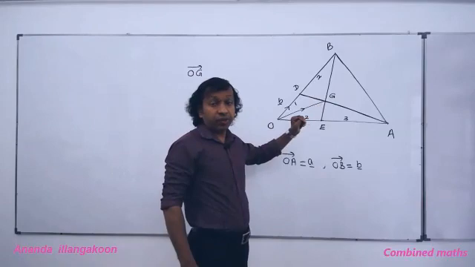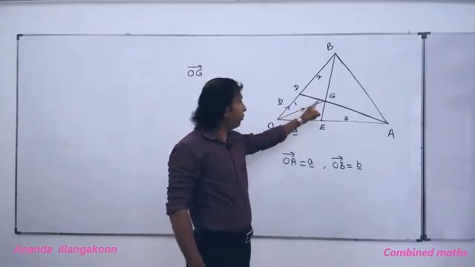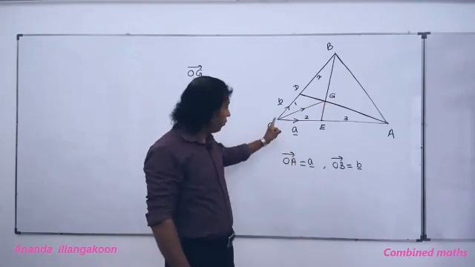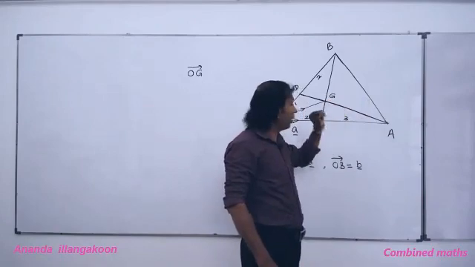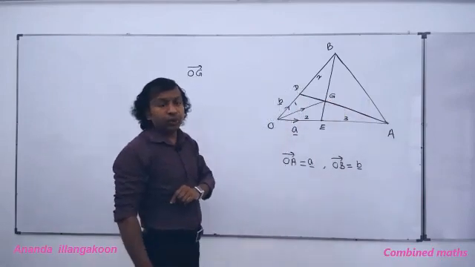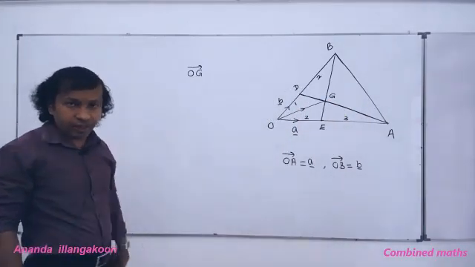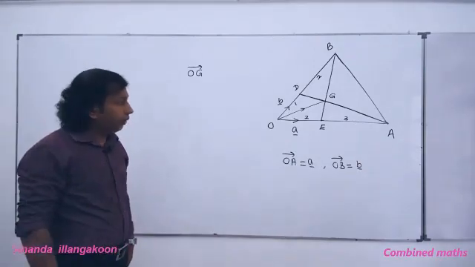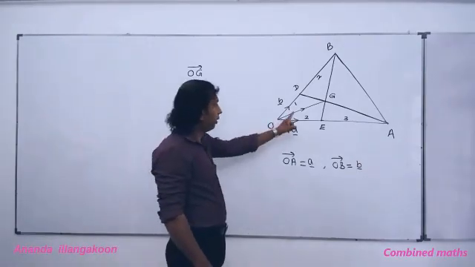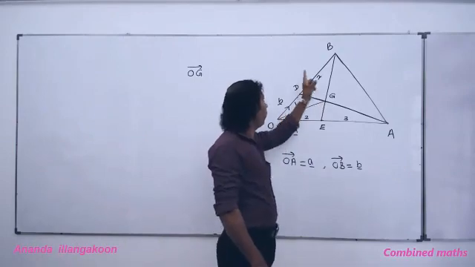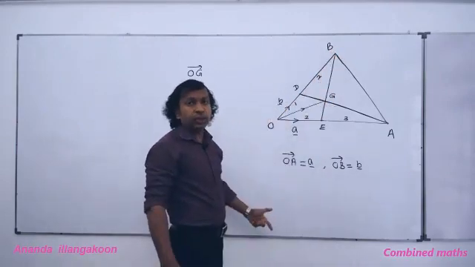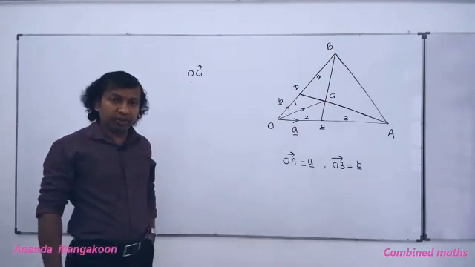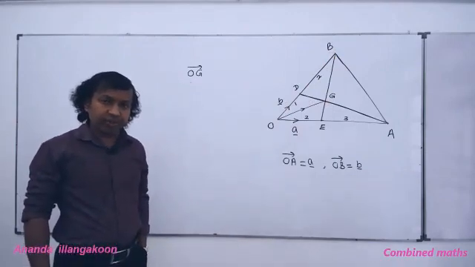OG vector is equal to OA vector plus AG vector, which is one way. The other way of writing OG vector is OB plus BG.